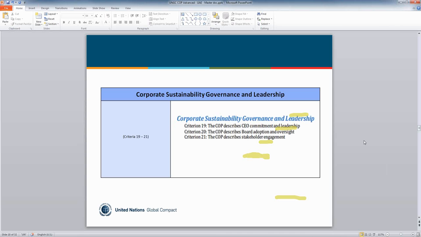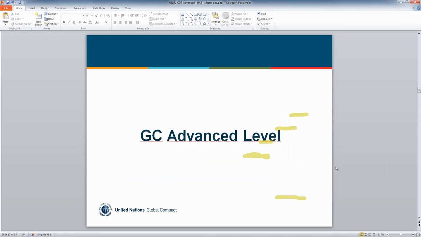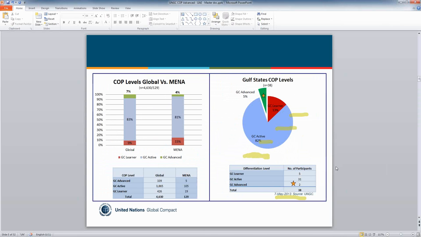So these are the four pillars. Now, in terms of examples, let me go back to one of my graphs here. Let's take this one. I mentioned there are globally 7% of reports at the advanced level and 4% in the MENA region. These are reports that you can find online. They are publicly available.